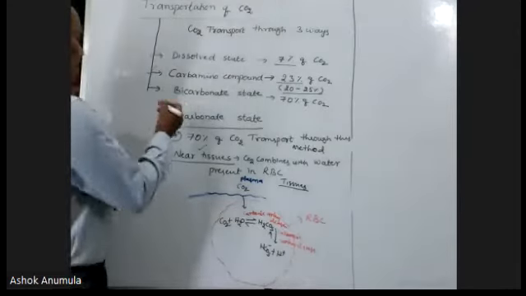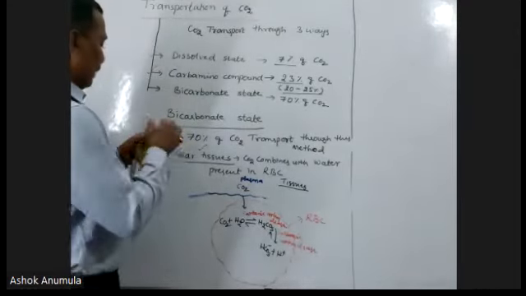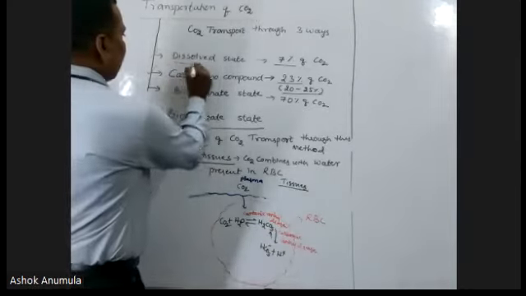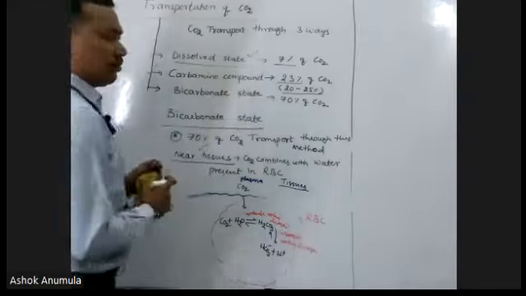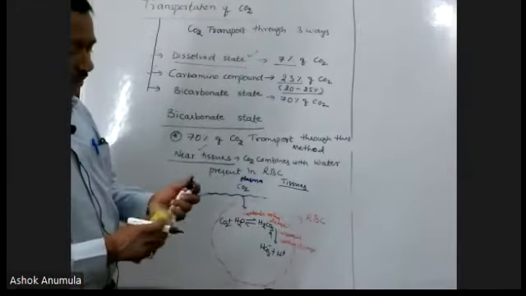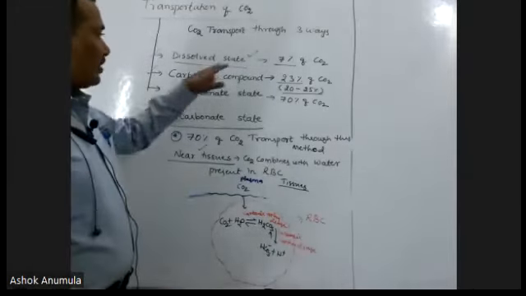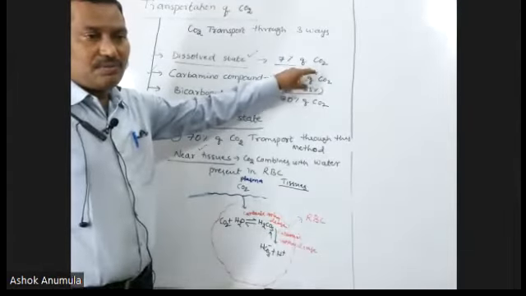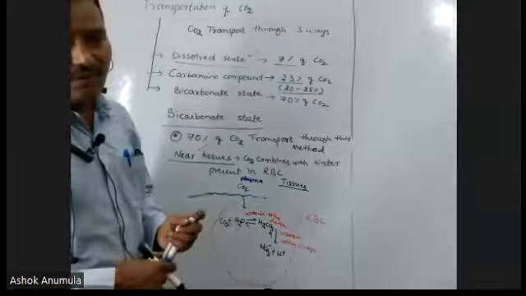But if you take the dissolved state, in the dissolved state also the CO2 combines with water. But how much percent of CO2 combines with water? Only 7% of CO2 combines with water and is transported through the water.